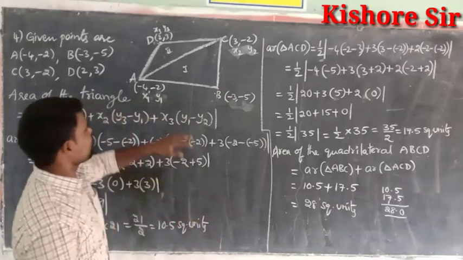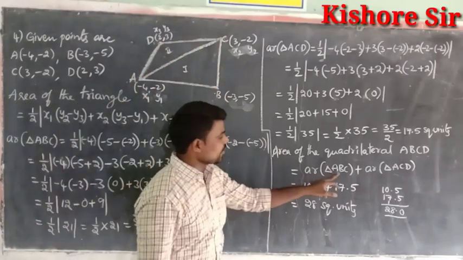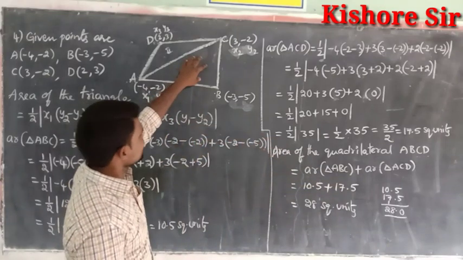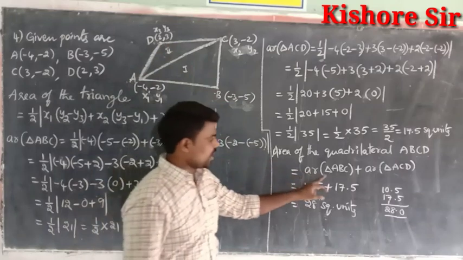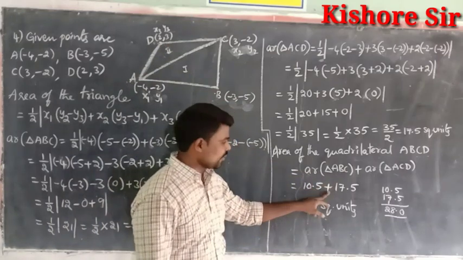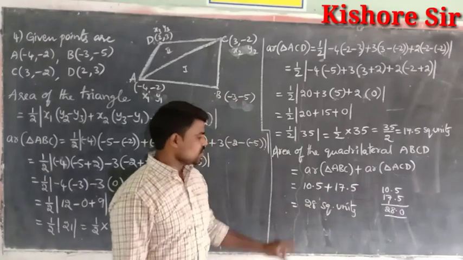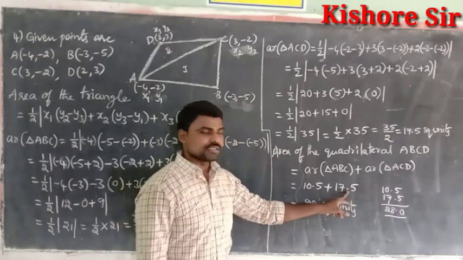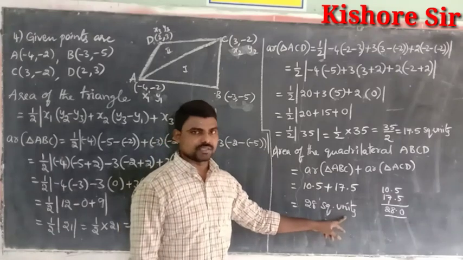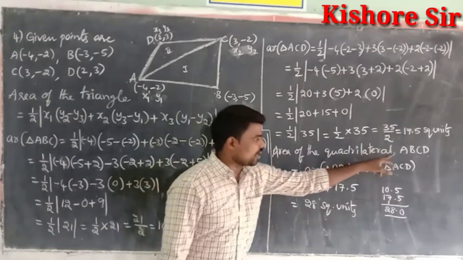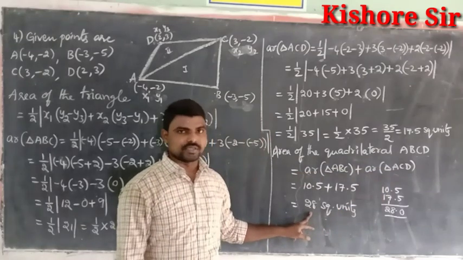Okay, area of the quadrilateral ABCD is equal to area of triangle ABC 10.5 plus area of triangle ACD 17.5, which is 28 square units. So the area of the quadrilateral ABCD is equal to 28 square units.